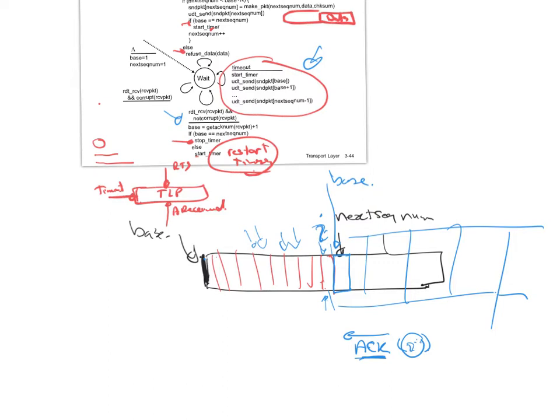Any other questions? Yes, please. The window size is set by the protocol. It's not even in the standard, by the way. The designer or the developer can set it to any number. It doesn't matter. But of course, it is directly related to how much channel utilization you can get.